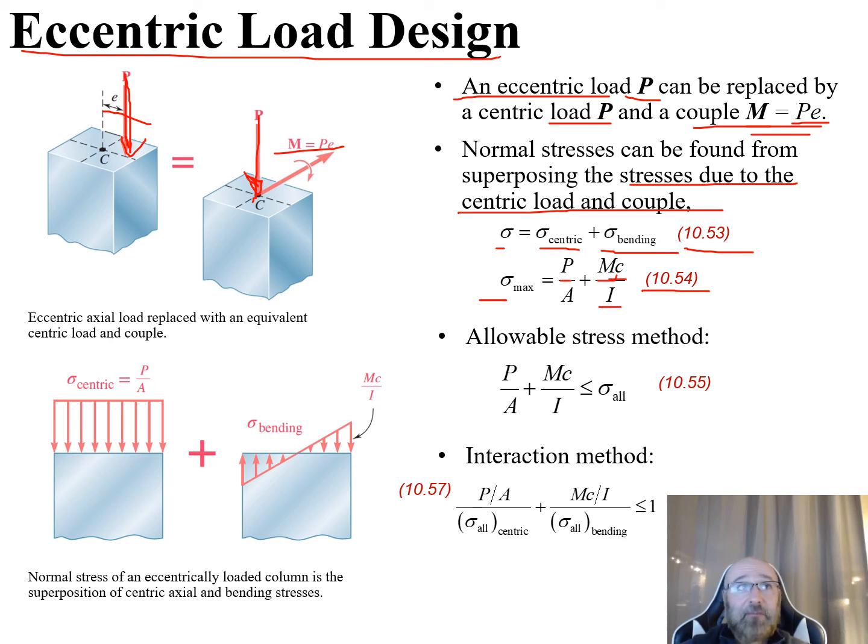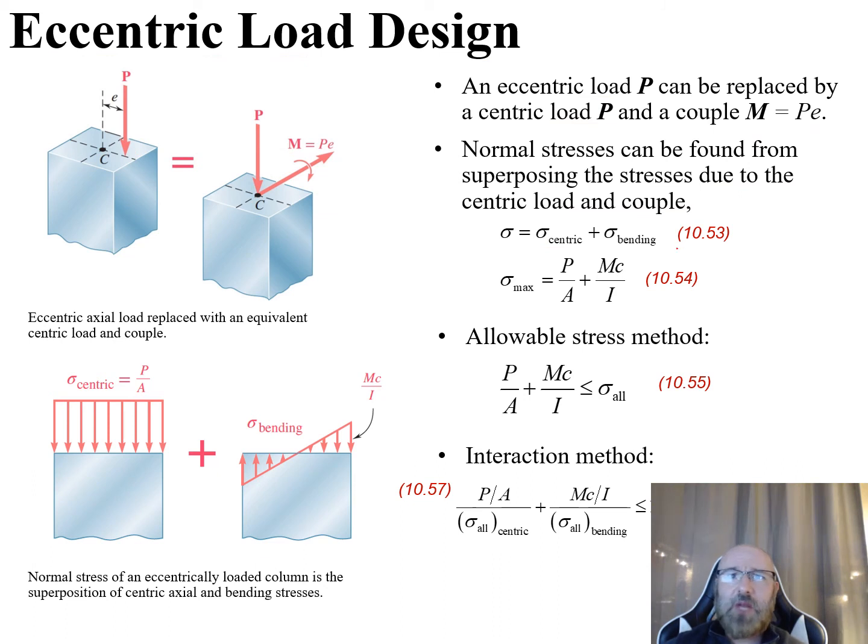I. So now looking at this relationship from 10.53, where we're saying that our normal stress can be found by superimposing the stresses due to centric load and the couple, we can look at that in terms of a visual graphic down here in our figure in the bottom left. So this shows the normal stress of an eccentric loaded column is the superposition of the centric axial and bending stresses.